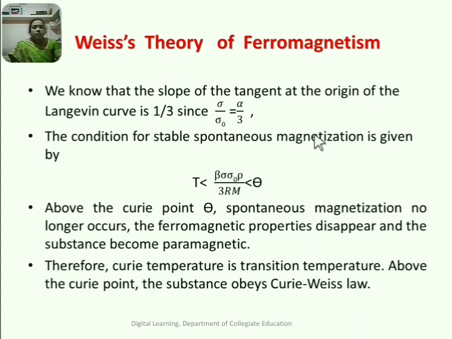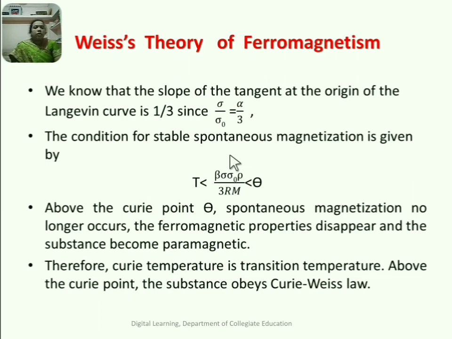Then next, we know that the slope of the tangent at the origin of the Langevin curve is equal to 1 by 3. So in the last expression, sigma by sigma naught is equal to some constant into alpha. Already we derived that sigma by sigma naught is equal to alpha by 3, where alpha is a small value.